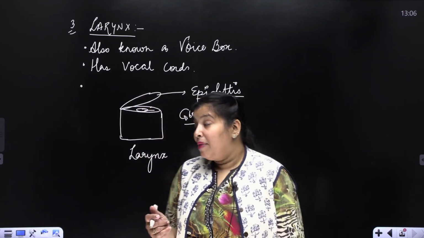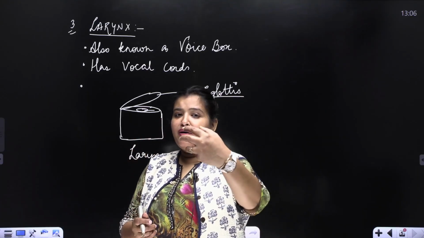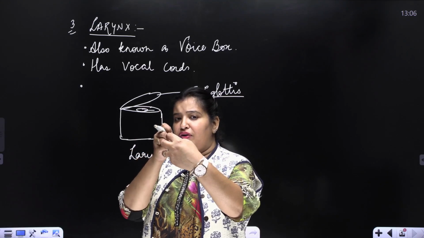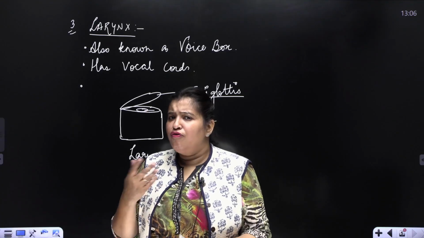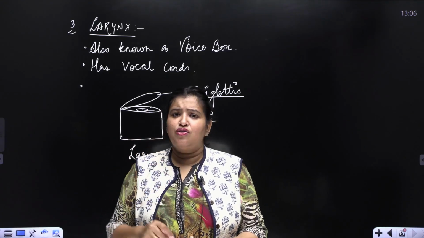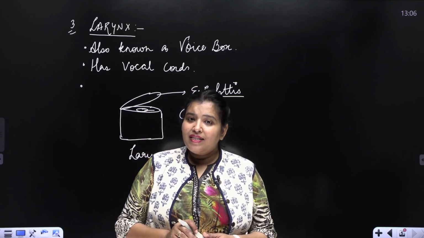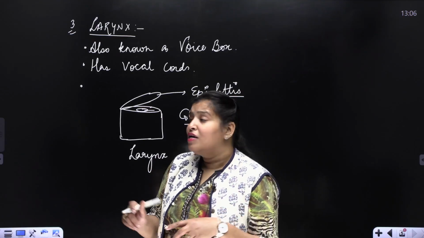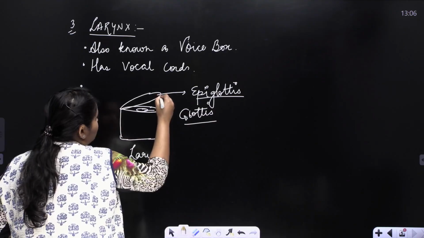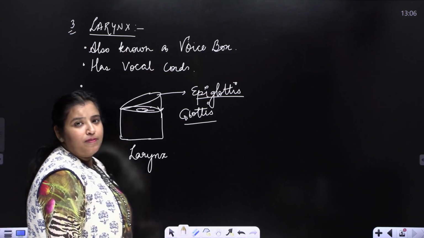Fine. But you know what? When I told you that the windpipe is present at the front and we have the esophagus at the back, and when we are chewing food, can you tell me how food will decide which opening it has to enter? Because there are two openings. So when we swallow, the food causes the closure of this epiglottis.